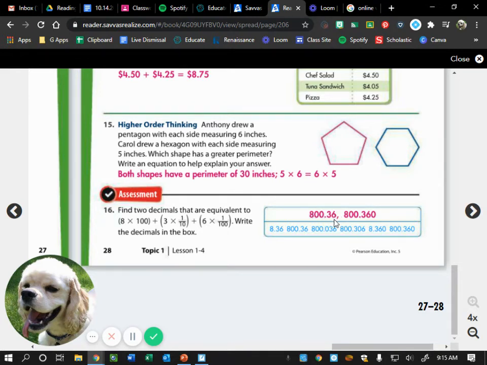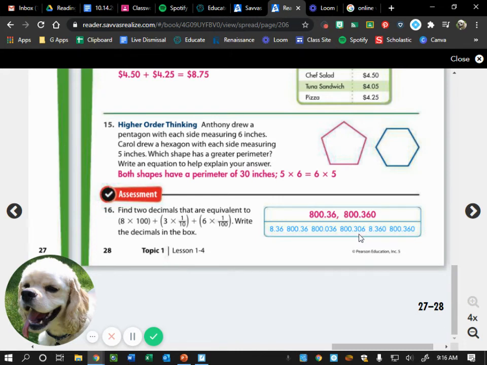Then, just like I said, it's only an equivalent decimal if a 0 is added all the way to the right of the number. So the only other one that works would be 800 and 360 thousandths because they added the 0 on the end and they kept everything else the same. And if we look here, 8.360, yes, it has the 360 all the way to the right of the decimal, but it doesn't have 800 in front of the decimal. This next one, 800.306, it doesn't work because they inserted the 0 between the 3 and the 6.